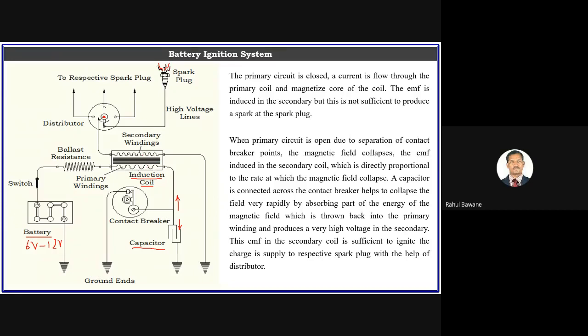So the EMF induced in the secondary reaches nearly 1000 volts or more. So imagine 6 volt is converted into 1000 volt, and this 1000 volt is enough to produce a spark. So this is how the battery ignition system works.